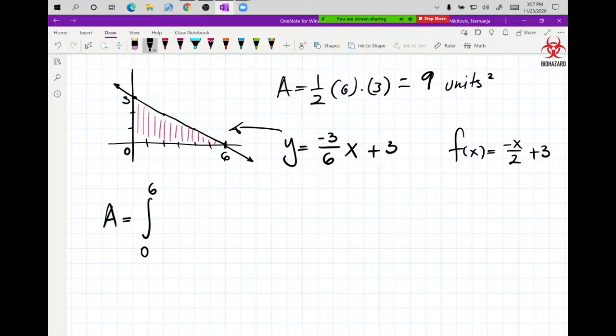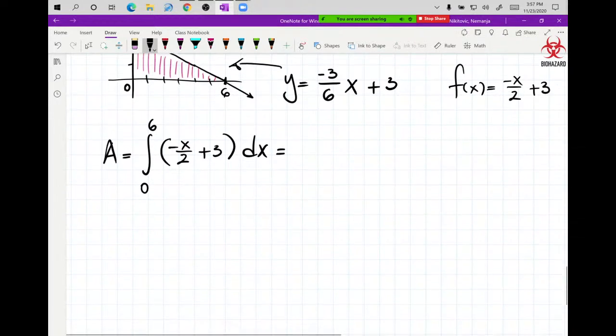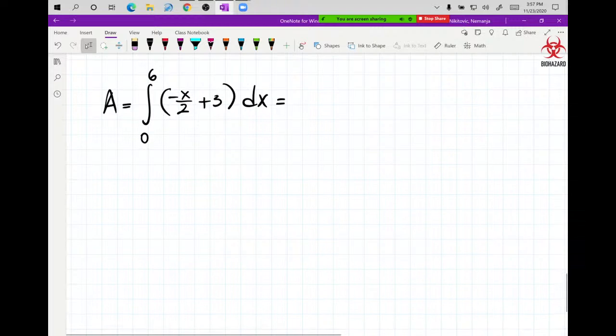And then you have your function, which is negative x over 2 plus 3. Have to put that in parentheses because all of that is times dx. And now you just forget about geometry, forget about everything. You just do the calculation the way you are used to. So it's going to be negative 1/2 is a constant you copy.